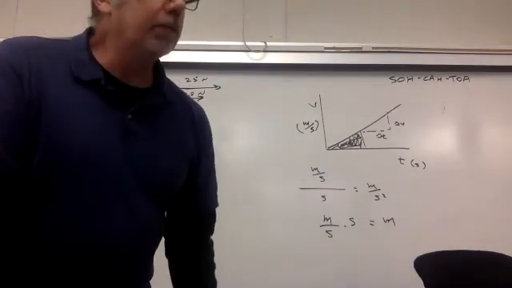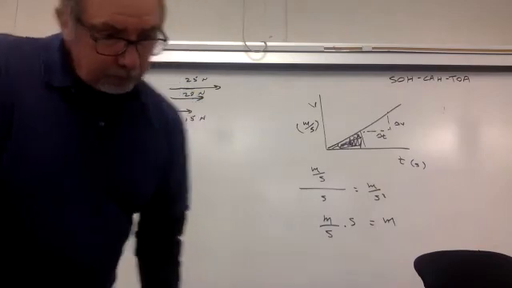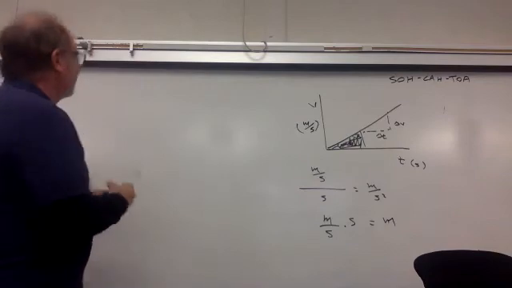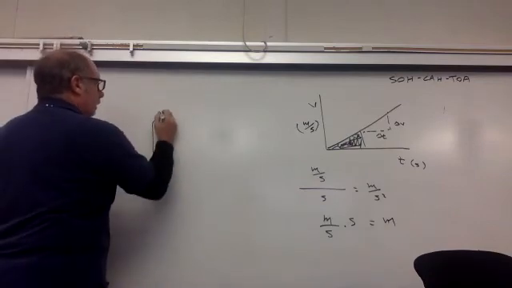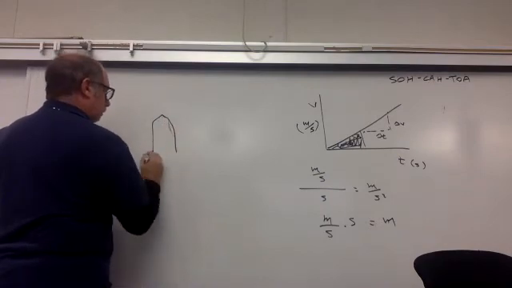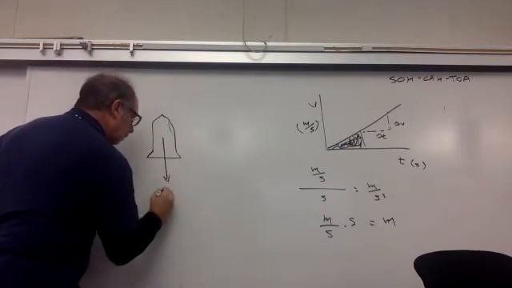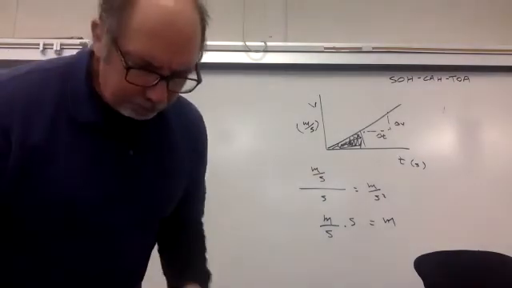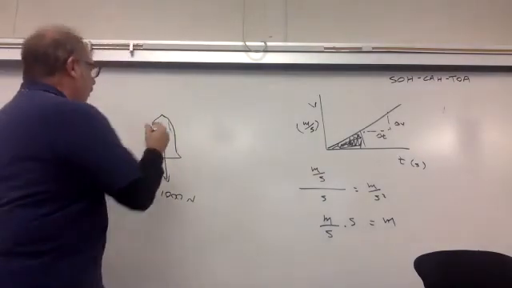Okay, 18. How am I doing for time? All right. Rocket problem. Weighs 1,000 newtons. So a rocket here, not a very good rocket. The engines put out a total force of 5,000 newtons.